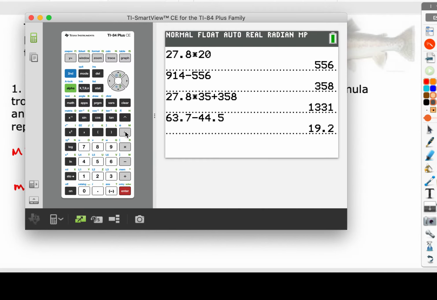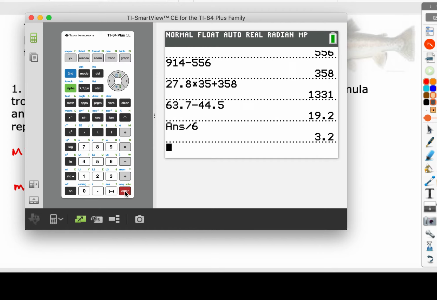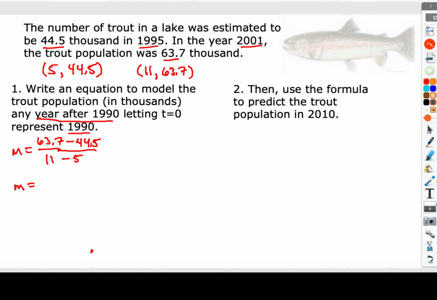So I'm just going to go ahead and say divided by 6, and that's 3.2. So I'm going to have a slope, right, of 3.2.